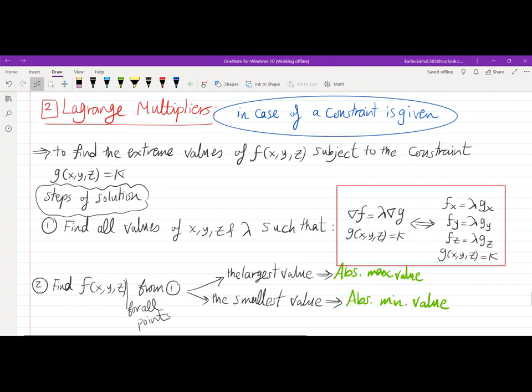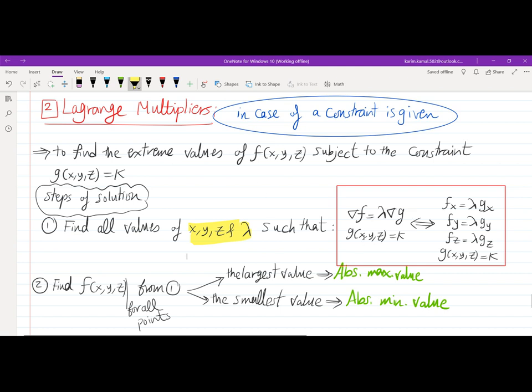We have to find all values of x, y, and z and the new parameter lambda, which is constant. That's why we call it Lagrange multiplier, such that nabla f equals lambda nabla g according to the constraint g of x, y, and z equals k.